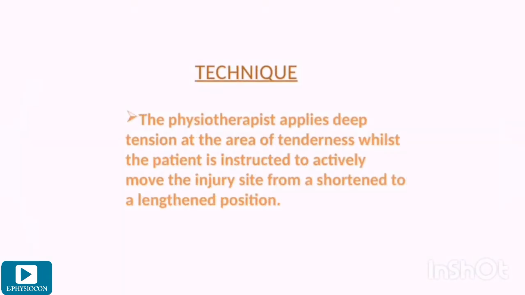How does the physiotherapist perform ART? In this therapy, the therapist applies deep tension at the area of tenderness while the patient is instructed to actively move the injury site. This produces a longitudinal sliding motion of the soft tissues like nerves, ligaments, and muscles beneath the contact point. During the treatment, the therapist will position the tissue so it's active.